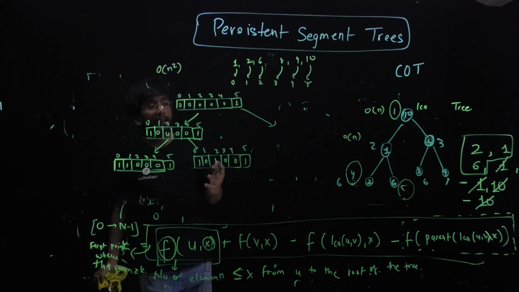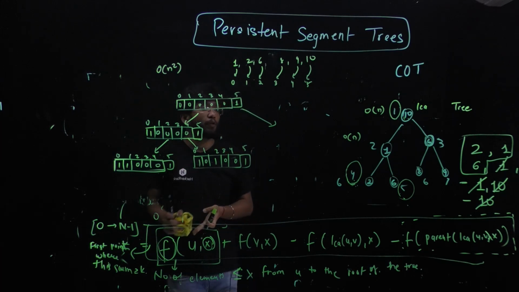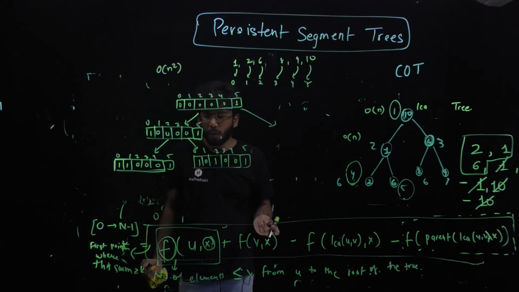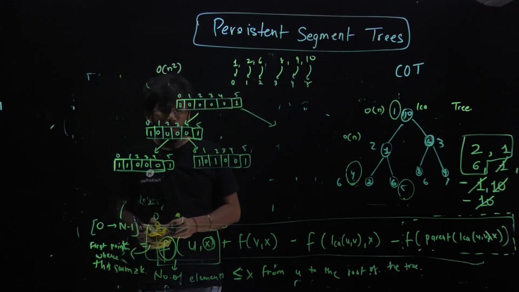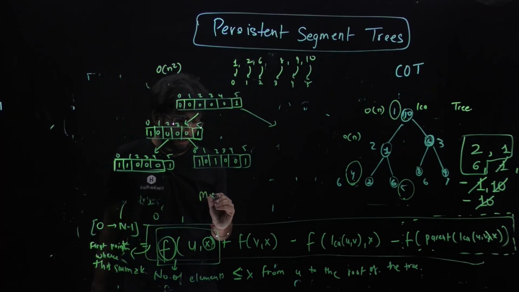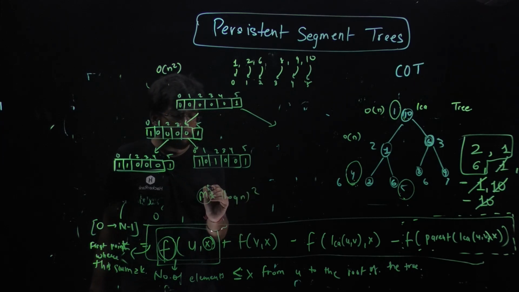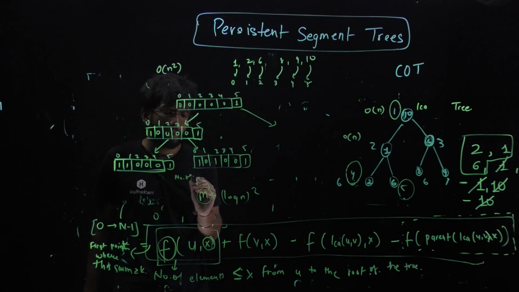The time would be a completely different thing, and the time would be quite fine with this. The time would still be m times log n square, where m is the number of queries we have.